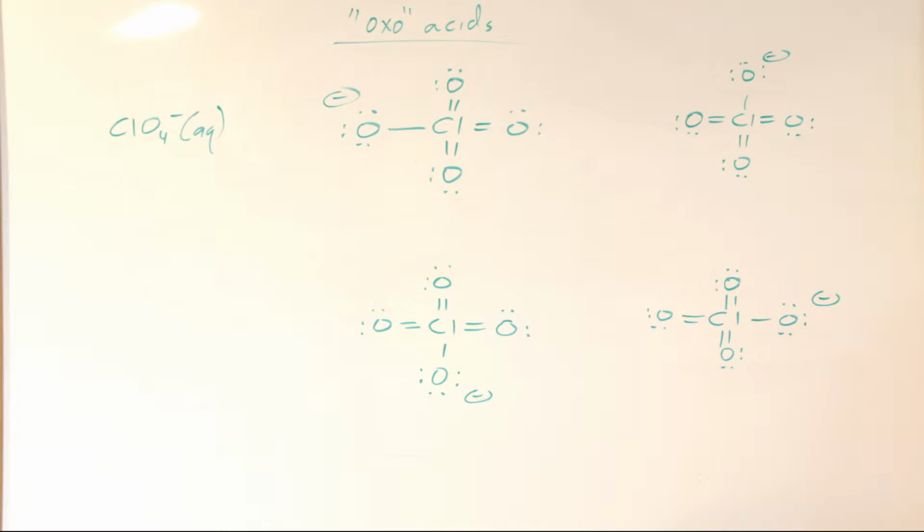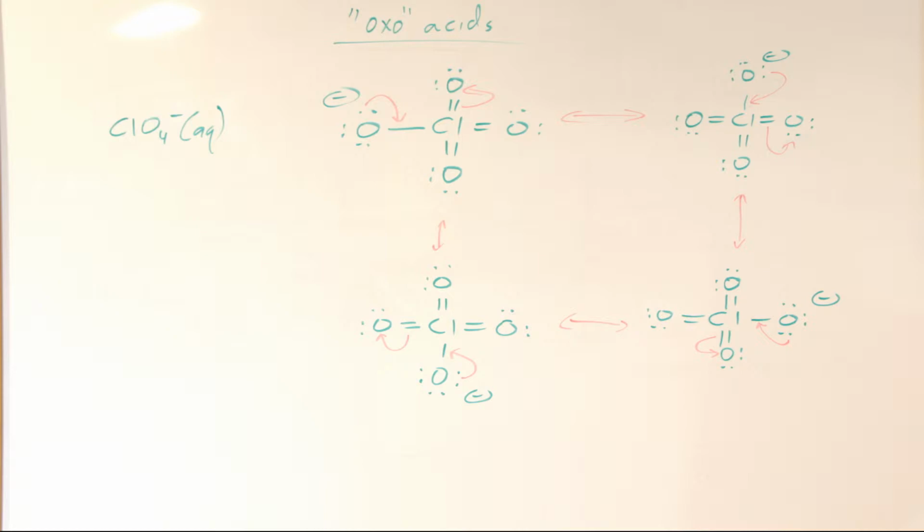Realistically, though, these are not just hypothetical ways of drawing it. These are actually what are called resonance structures, and they exist in that electrons can move from a charged atom, something that has an extra pair of electrons, if there is an adjacent multiple bond. So in this case, the atom next to the oxygen with a negative charge has multiple bonds to all the other oxygens, the chlorine.